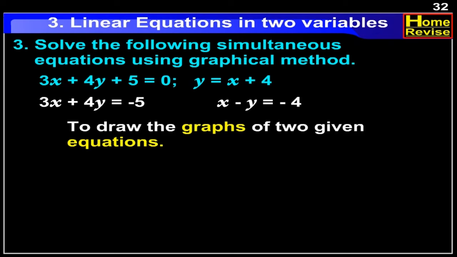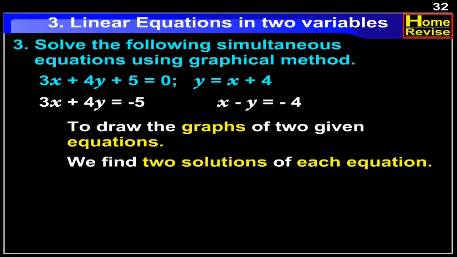Now, to draw the graphs of the two given equations, we will have to find two solutions of each equation. For that, we need to make the tables.